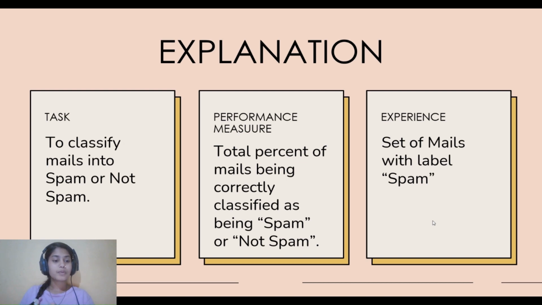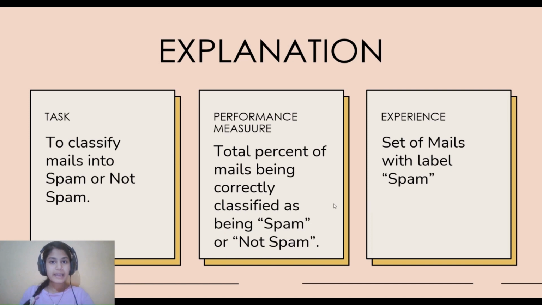This is the explanation. What is the task? To classify mails as spam or not spam. What is the performance measure? The total percentage of mails correctly classified as spam or not spam. The number of spam mails found by the model is 3, but actually there are 4. So the performance is measured according to that percentage.